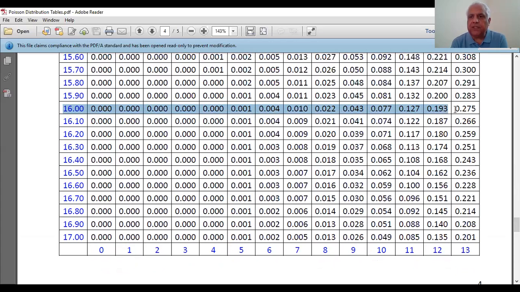Under 10 we have 0.077. So the top probability was 0.957 and this bottom probability is 0.077. Okay. Let's go back and plot these two probabilities. I hope you have noted them down on a piece of paper.